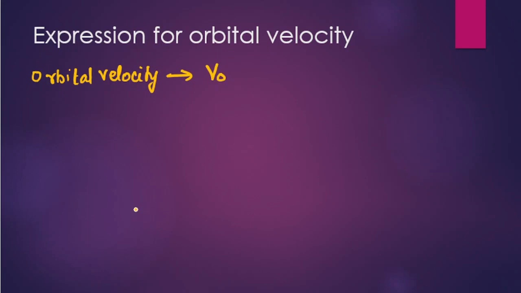Now, the satellite is projected above the Earth's surface. For example, this is our Earth. The satellite is projected a few hundred kilometers above the Earth. If this is the Earth's surface, this part will be the radius of the Earth.